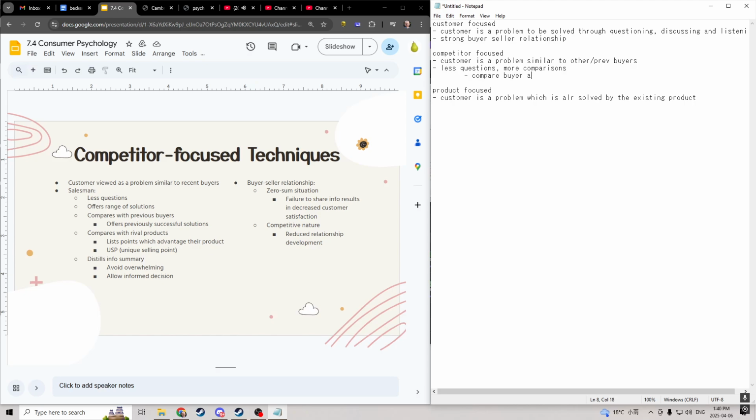Compare buyer and previous buyers whose probs were solved, right? Buyer and previous buyers whose probs were solved. Compare.